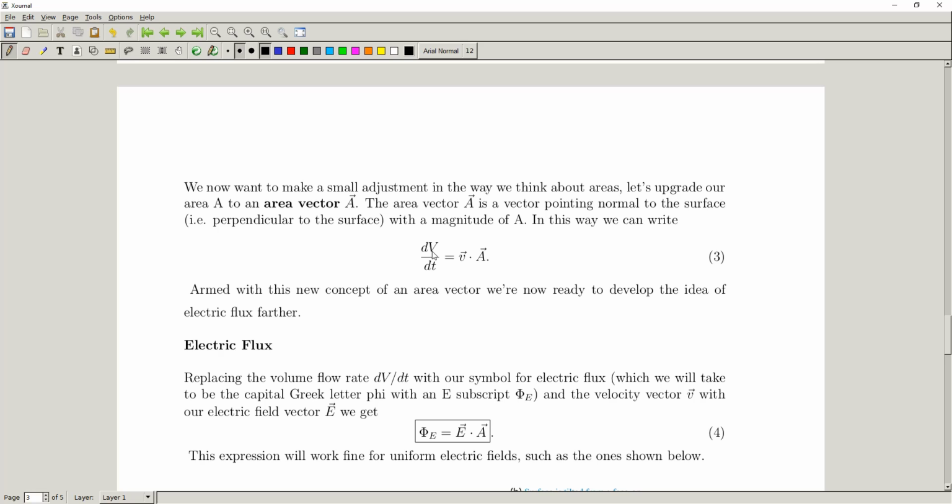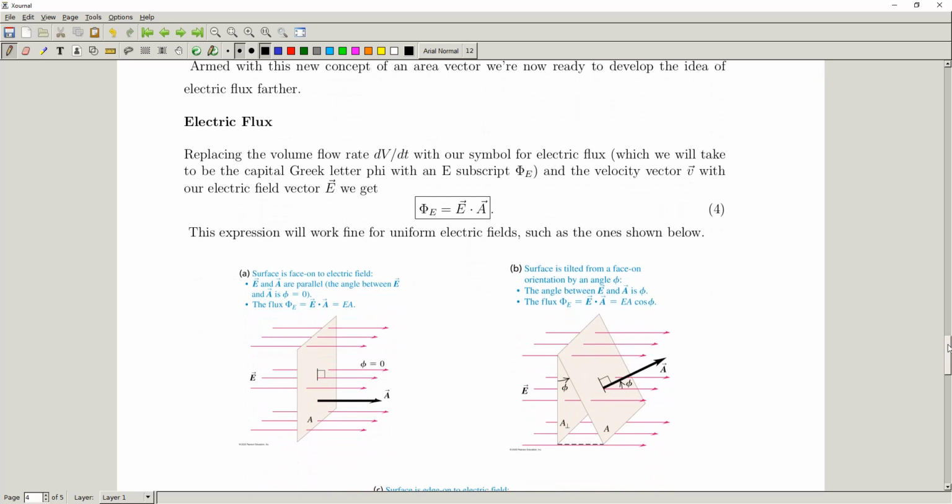So if we translate this idea of water going through a loop to our idea of electric flux, and keep this idea of an area vector, but change our velocity vector to our electric field vector, we end up being able to generate an expression for our electric flux. And that's exactly what we're doing in this next section, okay? So we take our volume flow rate, our dV dt, and we replace it with this symbol.